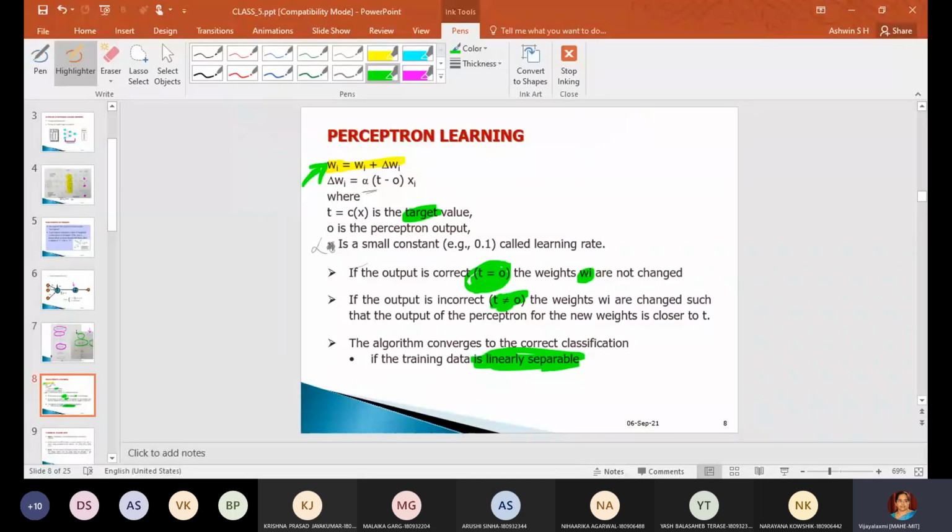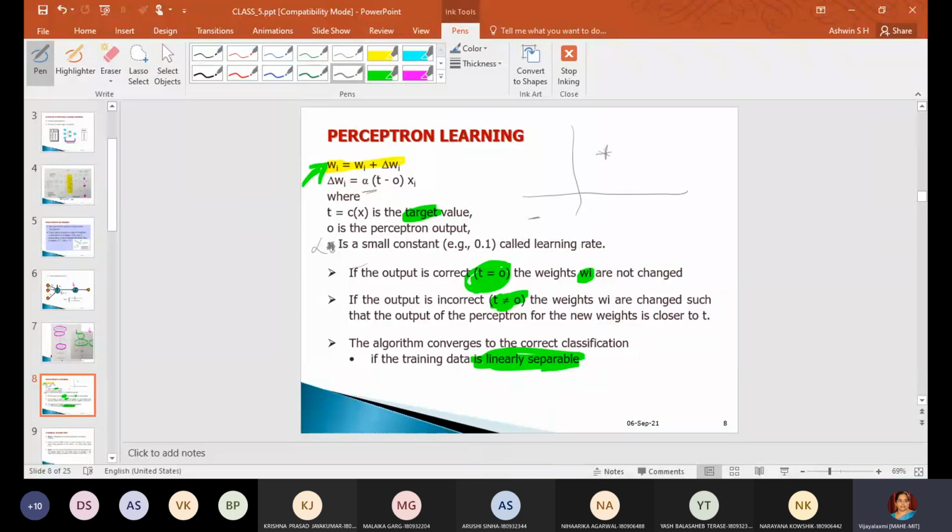When you plot a line, it should be able to separate the positive response from the negative response. That is called linearly separable. Or else you have to increase the epochs, and you have to see that the weights become constant. This is the condition.